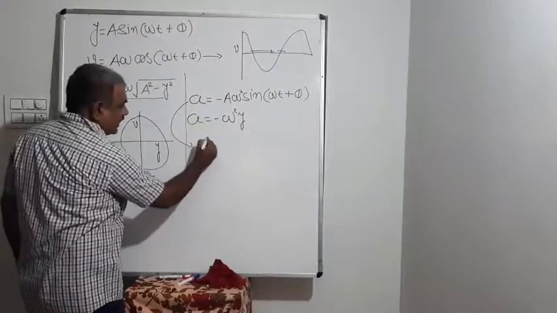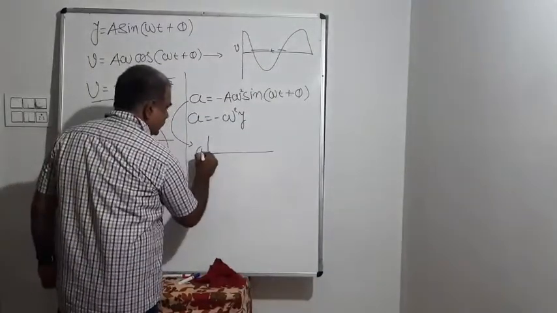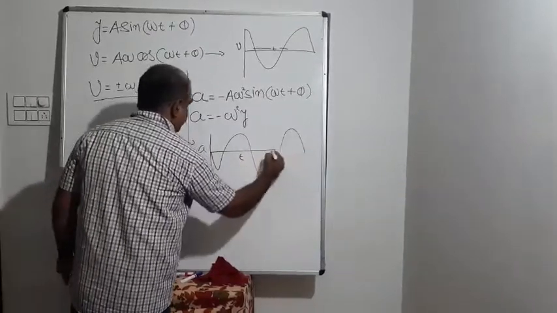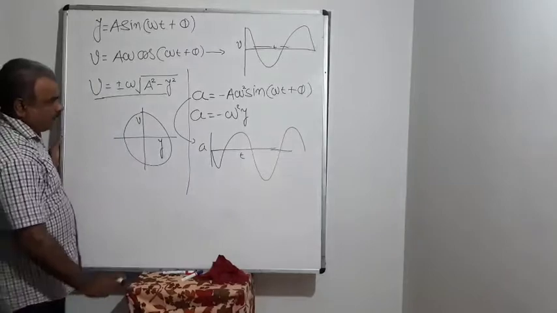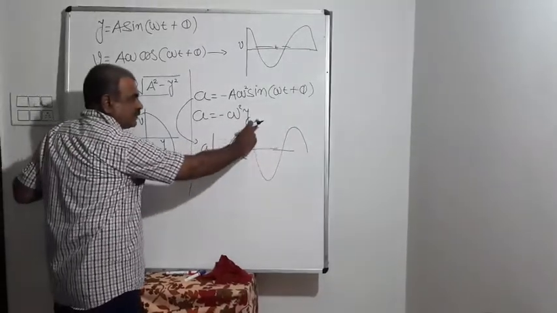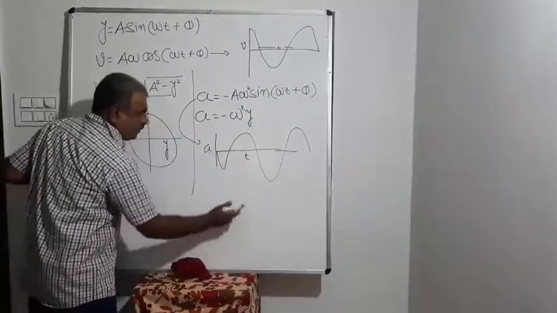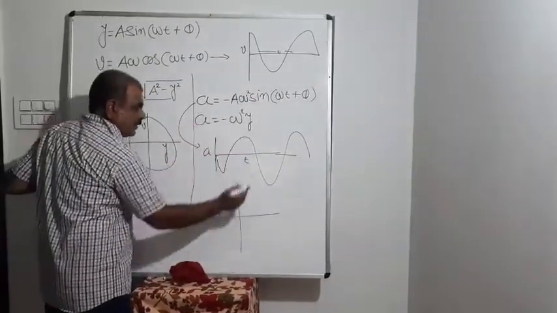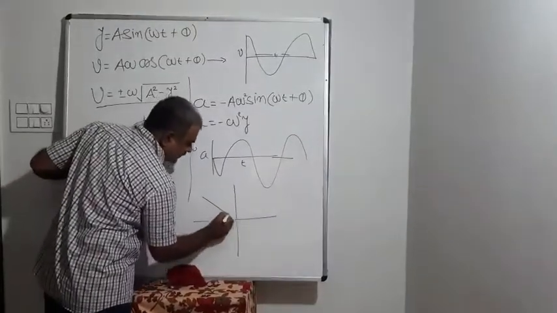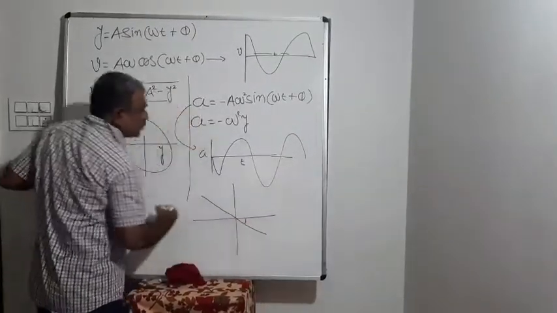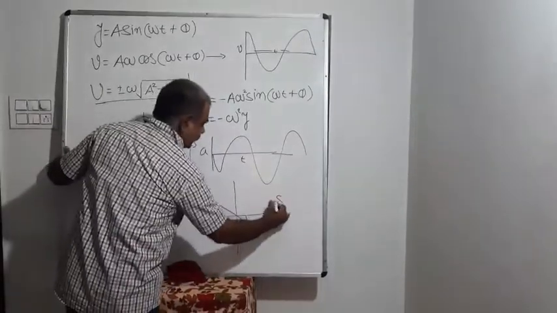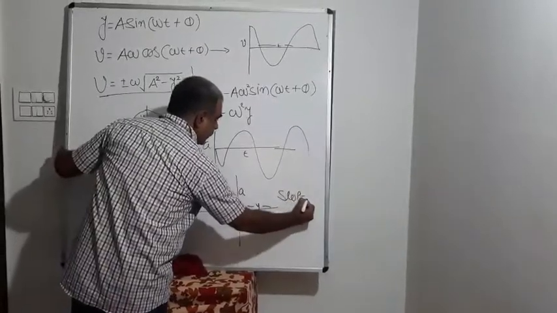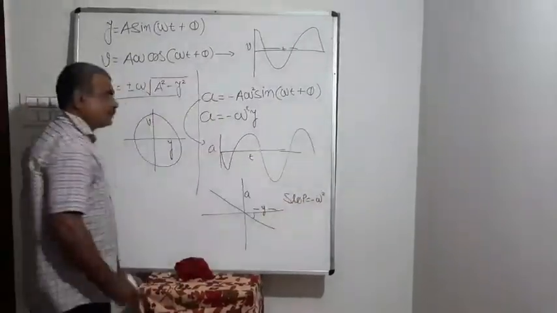So if you plot acceleration a versus time t graph, what you are getting? Sine curve but with a minus sign. Same way, acceleration versus displacement y graph will be a straight line graph with zero intercept and slope equal to −ω². Acceleration a versus y graph, slope will be −ω².